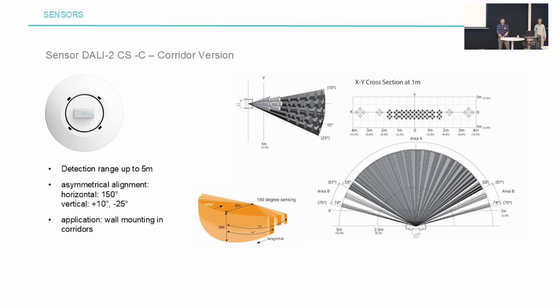This sensor should be mounted onto a wall. It has a detection range of up to 5 meters, and it has an asymmetrical alignment of horizontal 150 degrees and vertical of +10 to -25 degrees. So it is designed for long corridors, for example.